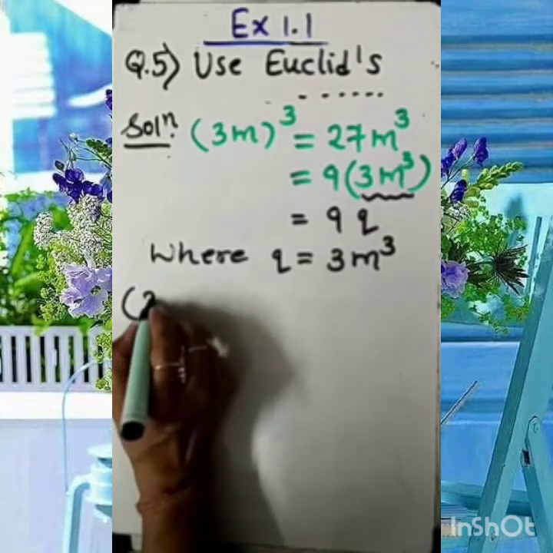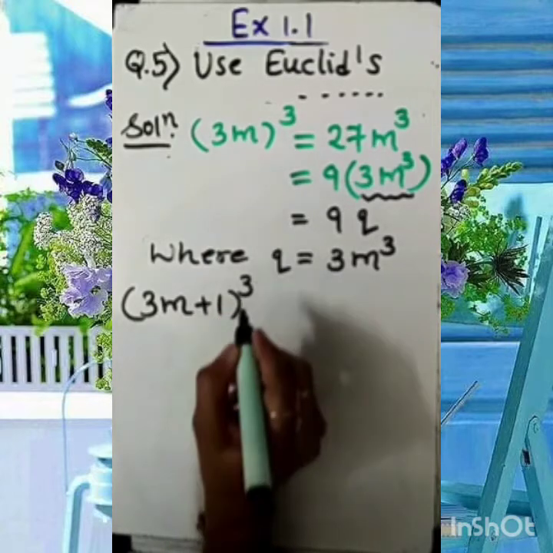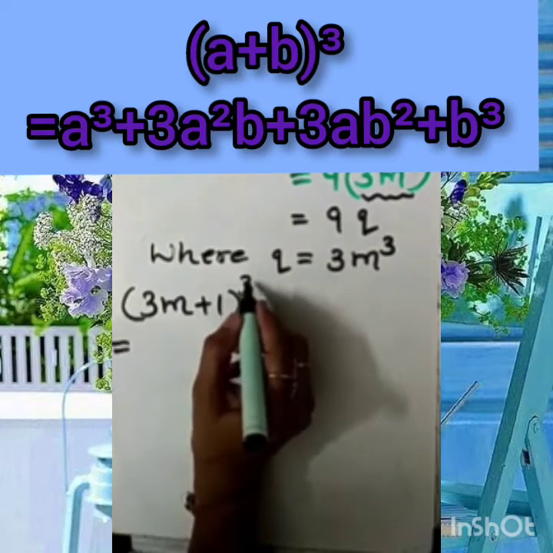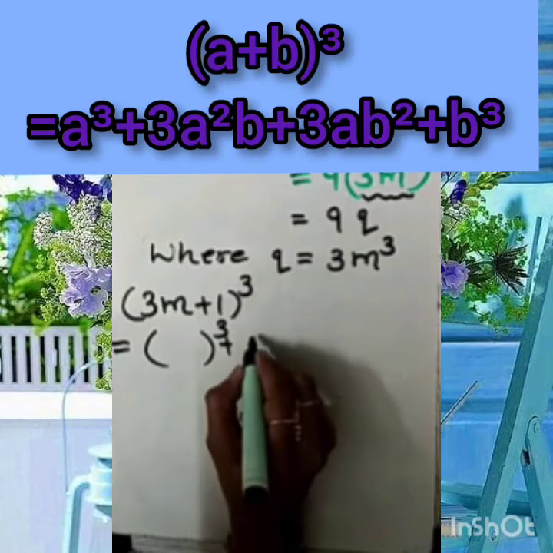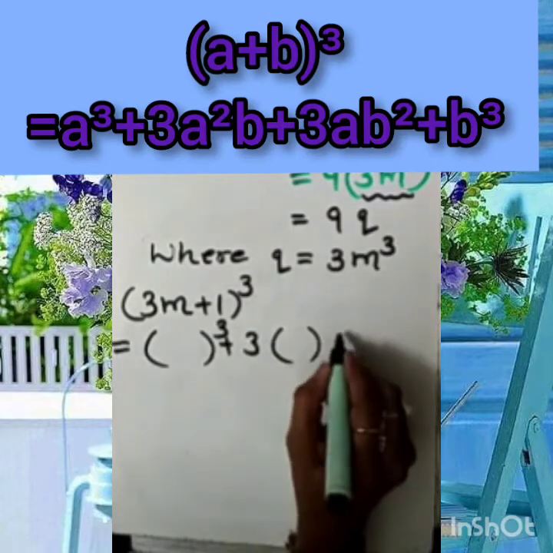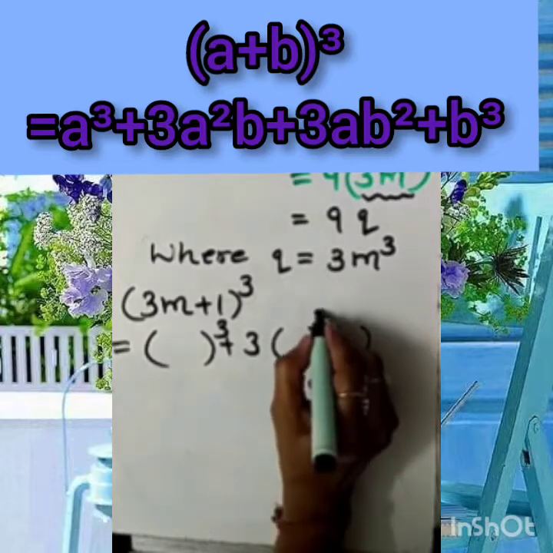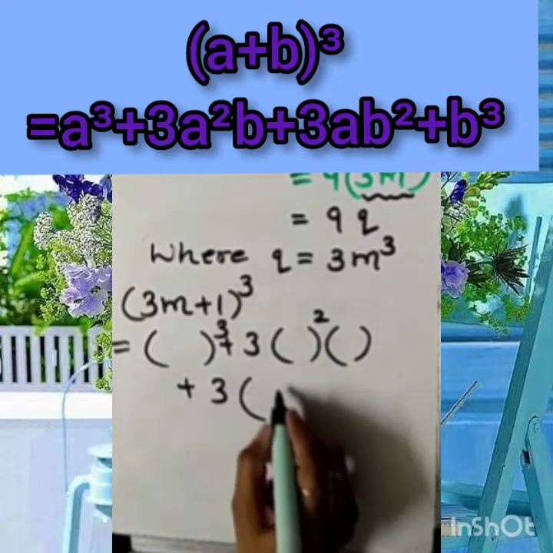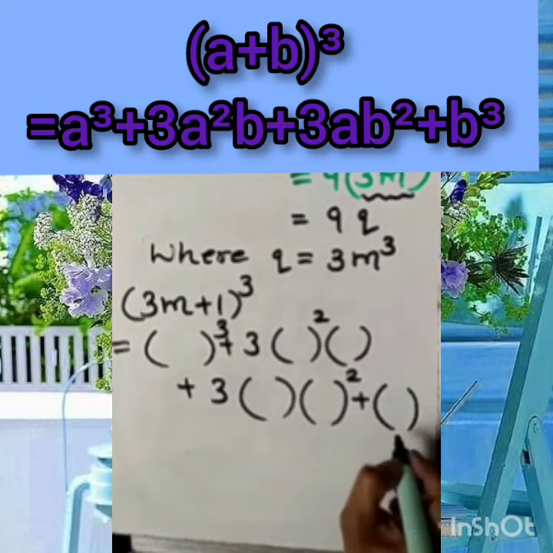The same procedure we are going to apply, the cube identity, for 3m plus 1. As we know, (a plus b) whole cube is a cube plus 3a square b plus 3ab square plus b cube.